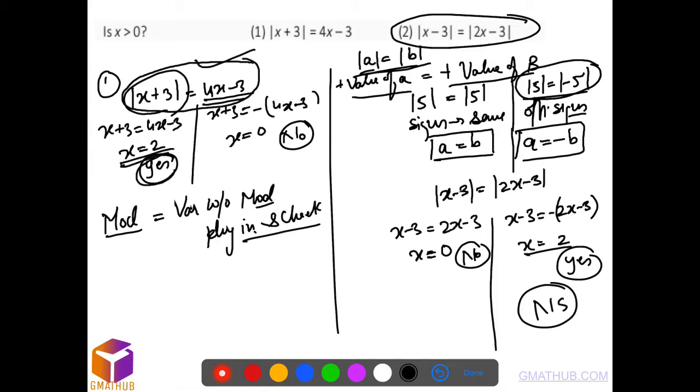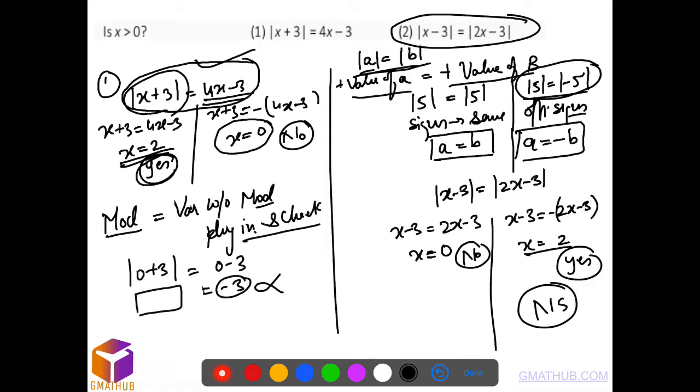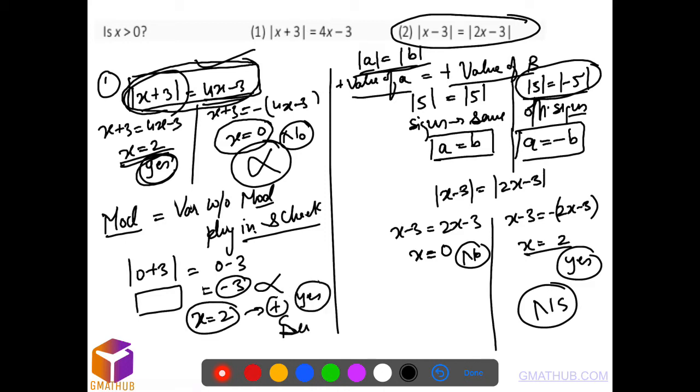So 2 is a valid answer. But if you plug in x is equal to 0, the right hand side becomes negative. Mod cannot be negative, so 0 is not a solution. So for this to be true, only one value satisfies, x is equal to 2, which is positive, so that's a yes answer, sufficient. A would be the answer.